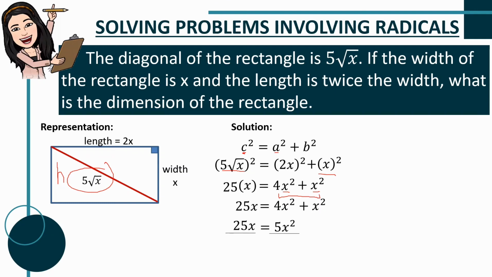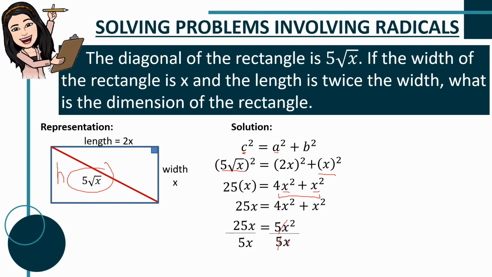So therefore, pwede natin silang i-divide both sides by its common. Ano yung common nila? Okay, that is 5x. 5 is divisible by 25 as well as this. Ang x ay divisible din by x and divisible by x squared. So, let us divide both sides by 5x. Makakancel natin si 5. Makakancel din natin dito si x.